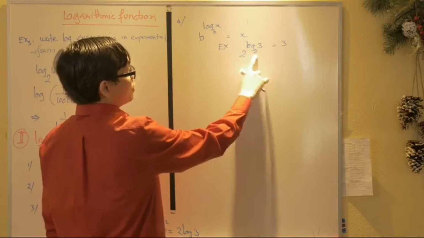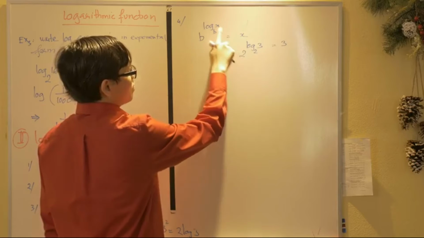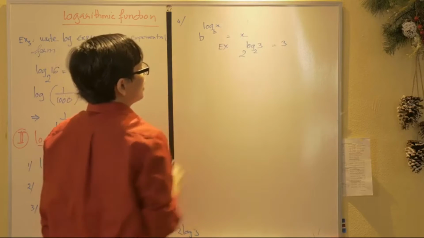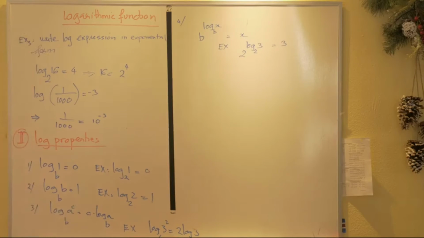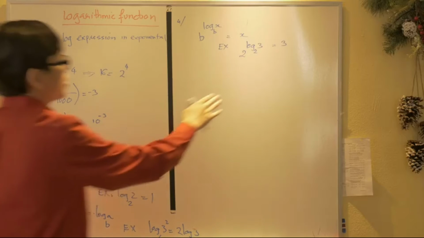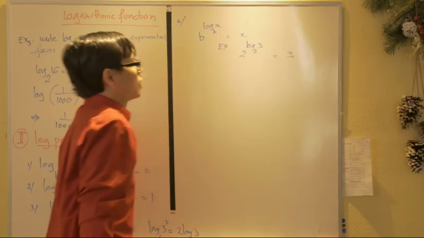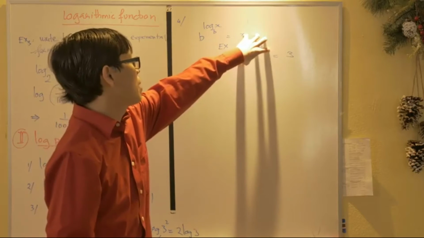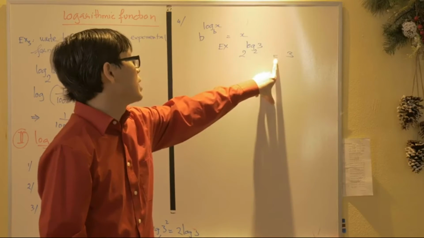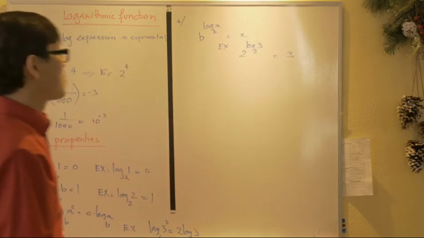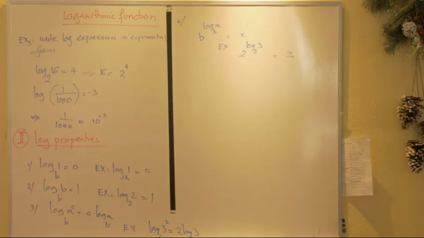So the exponent 3 comes down, and it's 3. Because this is considered a power number, the equal sign should be down here.